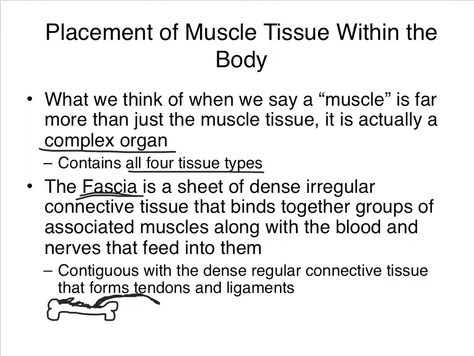And once you get to the muscle, that dense, regular connective tissue of the tendon actually starts branching out and forms this dense, irregular connective tissue sheath that surrounds your muscle.